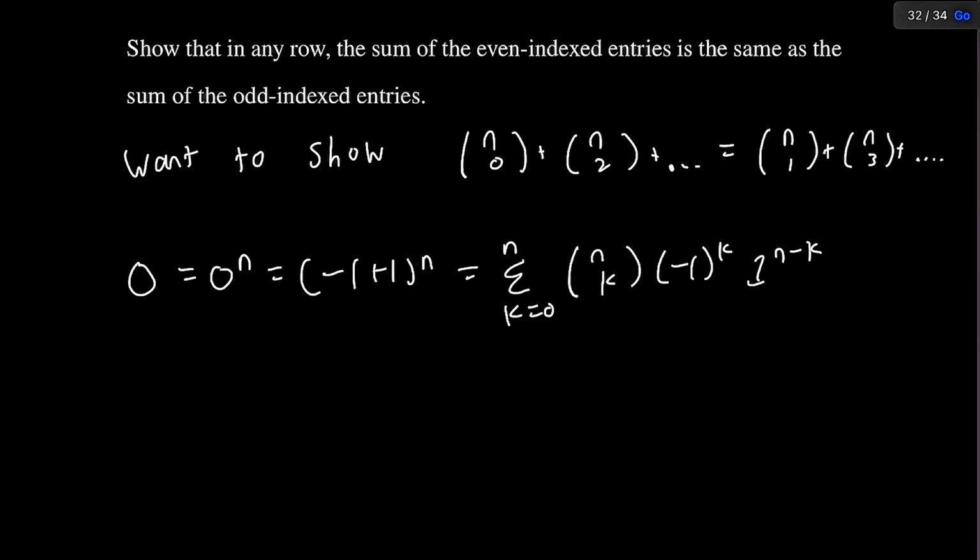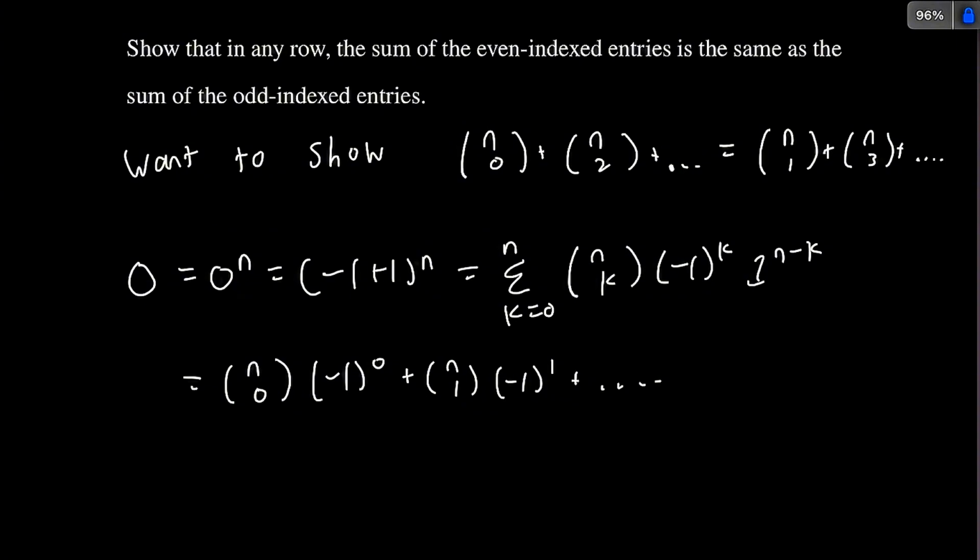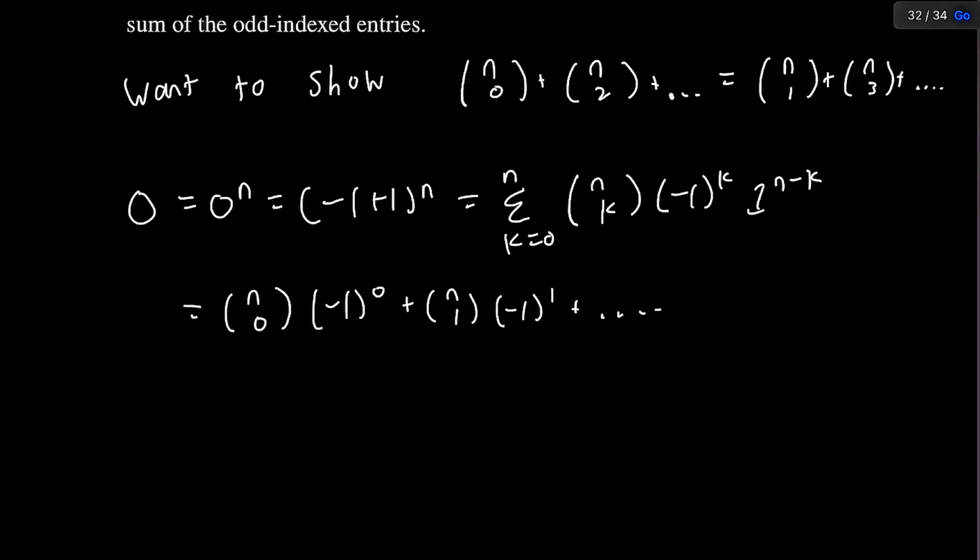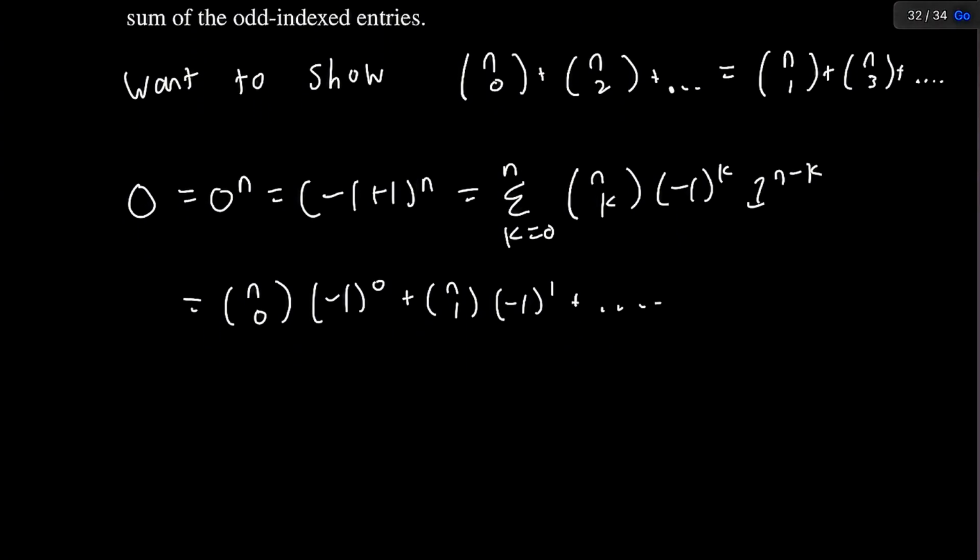Okay, but writing this out, what does this actually become? This is n choose 0 times minus 1 to the 0, plus n choose 1 times minus 1 to the 1, plus so on, right? But then from the odd and even powers of minus 1, we get this sort of alternating behavior, where we get n choose 0 minus n choose 1 plus n choose 2 minus so on, right?